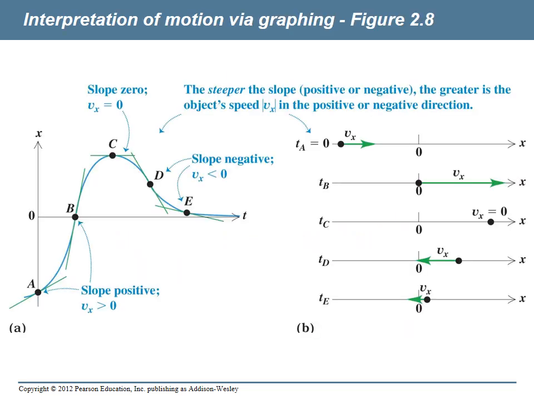Okay, so just a little bit of a graphical representation of what we were talking about in the previous slide. We have here a graph of an object moving. So this blue line right here is the path of the object, and it's a function of the object's displacement with time.